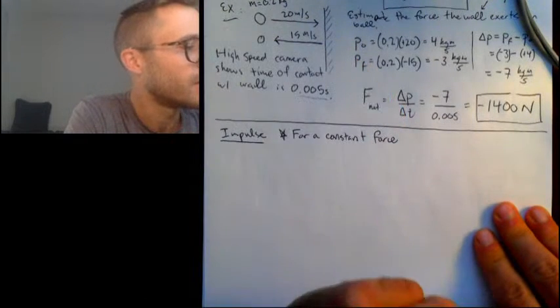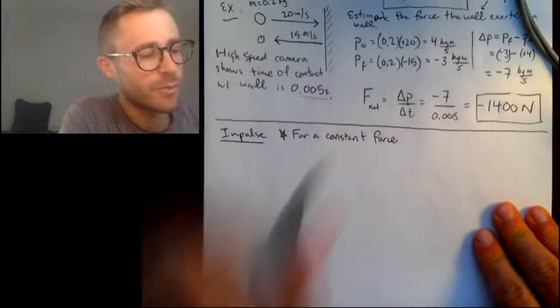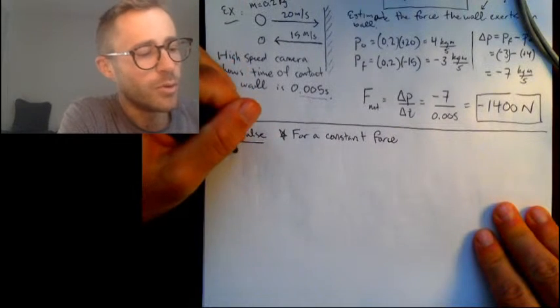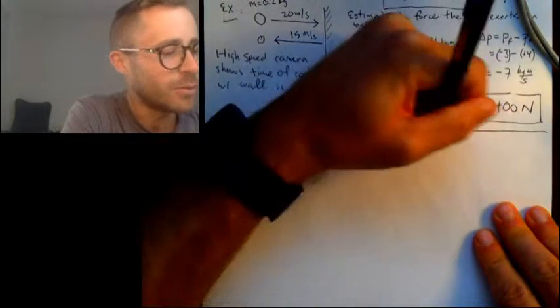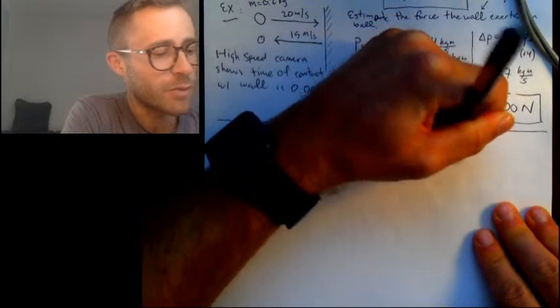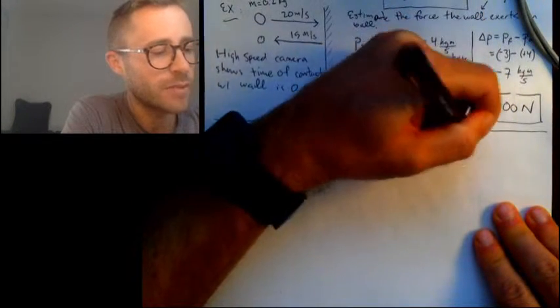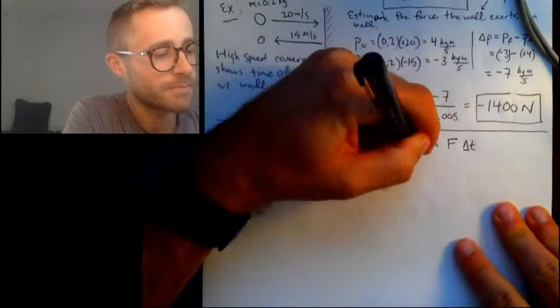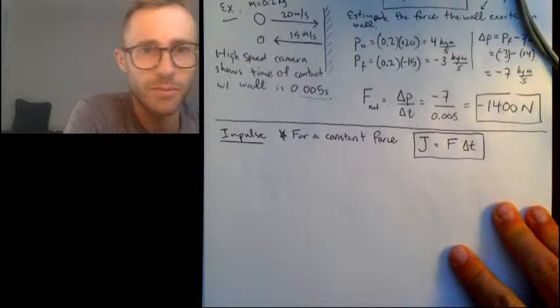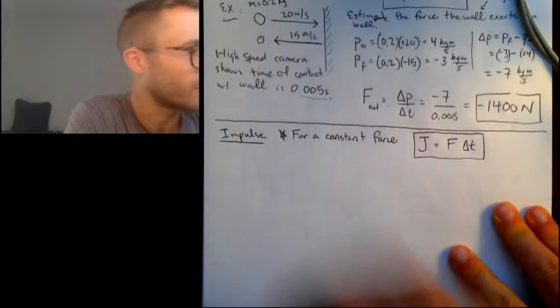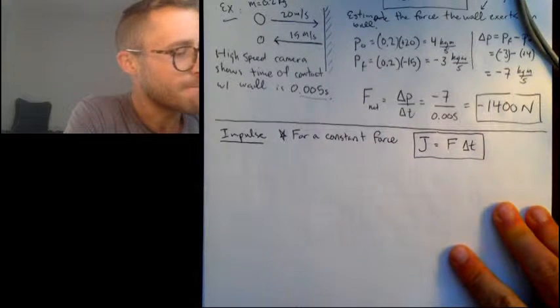All right. So if you have a constant force, the impulse, which is denoted by J, is equal to the size of the force times the time that that force acts for. So that is the definition of impulse for a constant force. Okay?